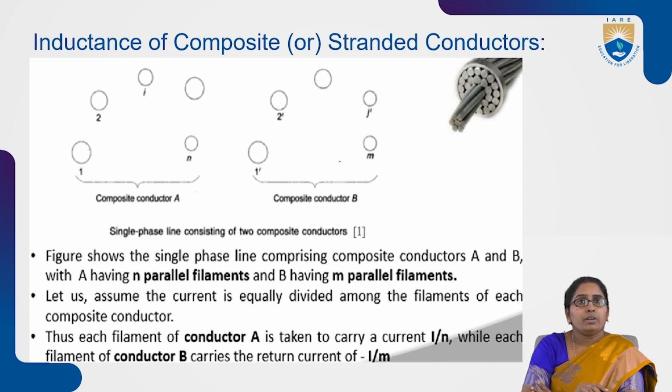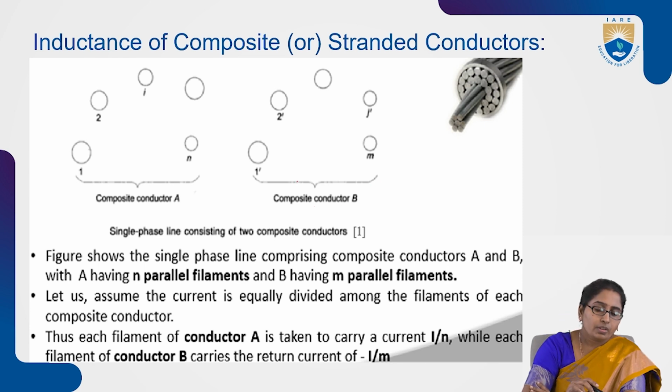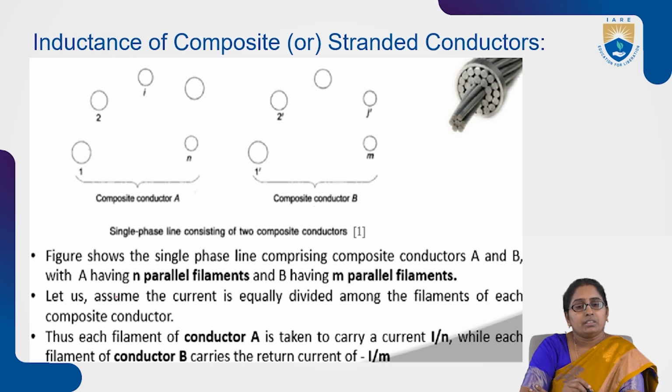The first conductor A starts with 1, 2 and so on, i, finally n, and conductor B starts with 1 dash, 2 dash and so on, j dash, finally m. So just know that conductor A has a total of n conductors, and B has m.